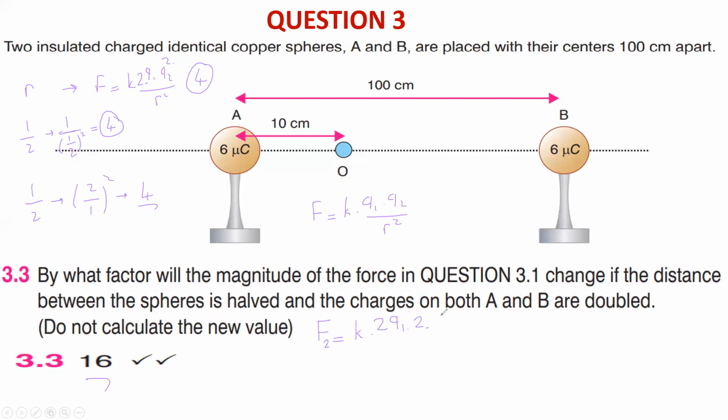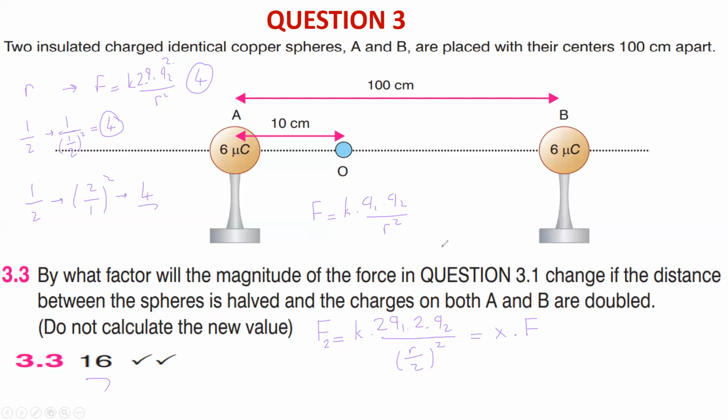So Q2, we have another option with numbers. I will show you that one also. Just make sure you are getting this kind of question. And then R over 2, so, all right. And we know, just let's say, X times F. We don't know how many F, just say X times F. So this is our F2.